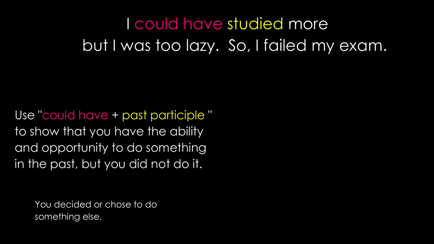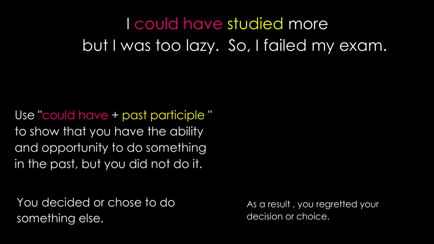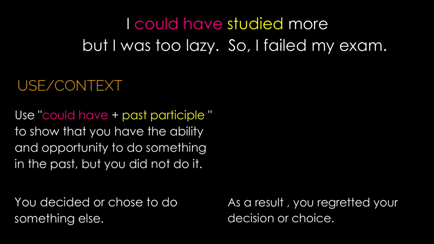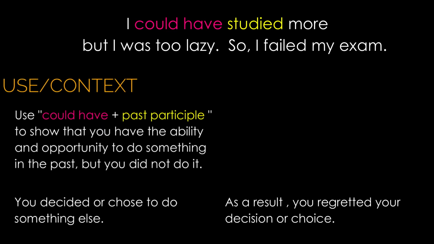We are now going to look at the use and context of could have. When do we use could have, and in what context do we use could have? Use could have plus past participle to show that you have the ability and opportunity to do something in the past, but you did not do it.